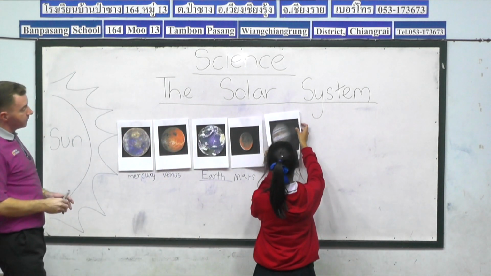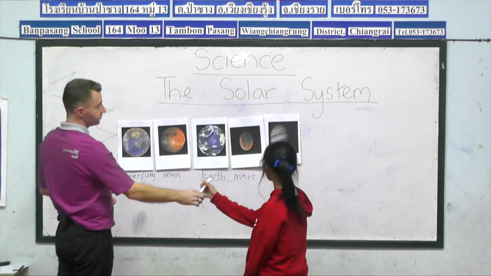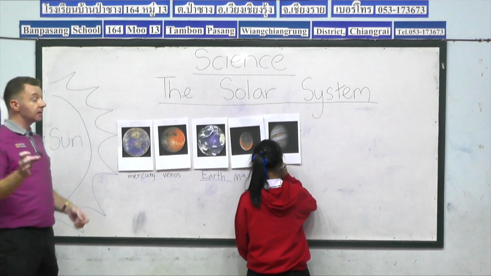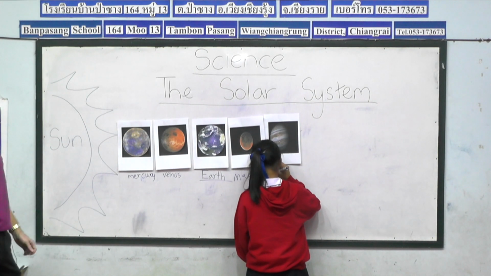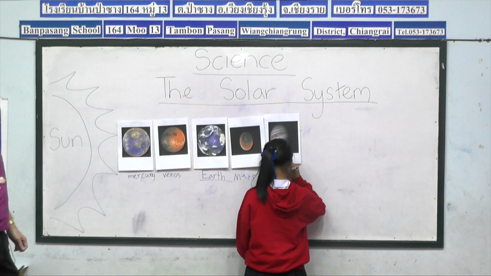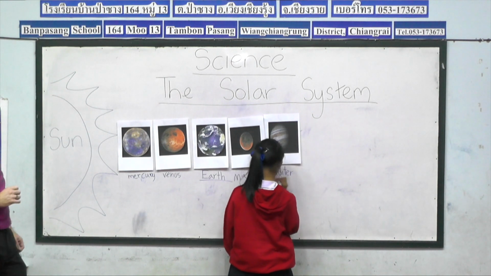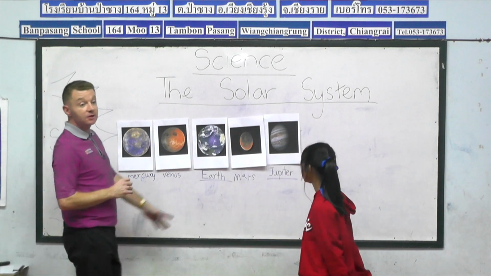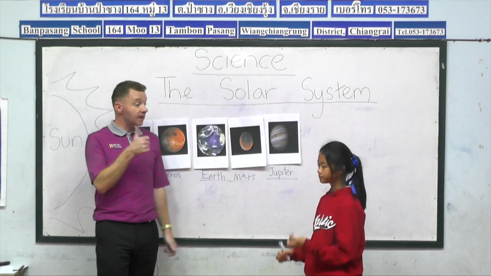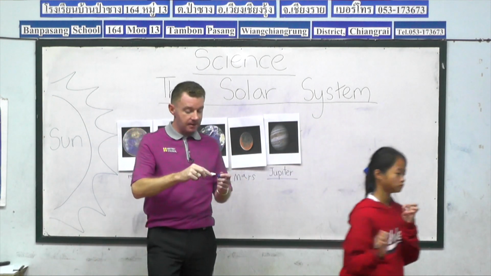So Dawn, if you can place Jupiter in sequence and then spell Jupiter underneath. J-U-P-I-T-E-R. Excellent, Dawn. All together, guys. Jupiter. Dawn, that was brilliant. High five and a big round of applause for Dawn, please, guys.